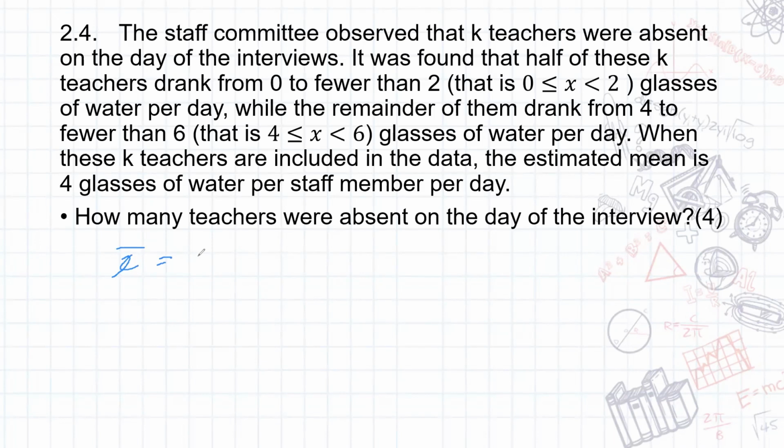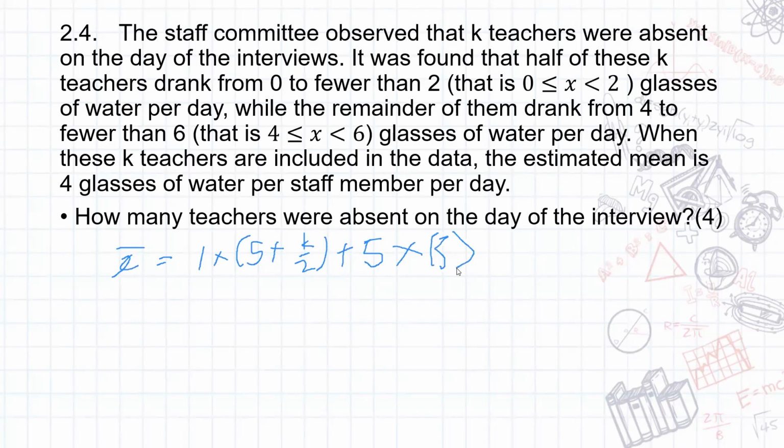So we have between 0 and 2 is just 1, right? And we multiply that by the number of teachers we already interviewed plus k, half of k. So in other words, k over 2 teachers. So we've got 5 from the cumulative frequency category, and then our midpoint of this is 3.